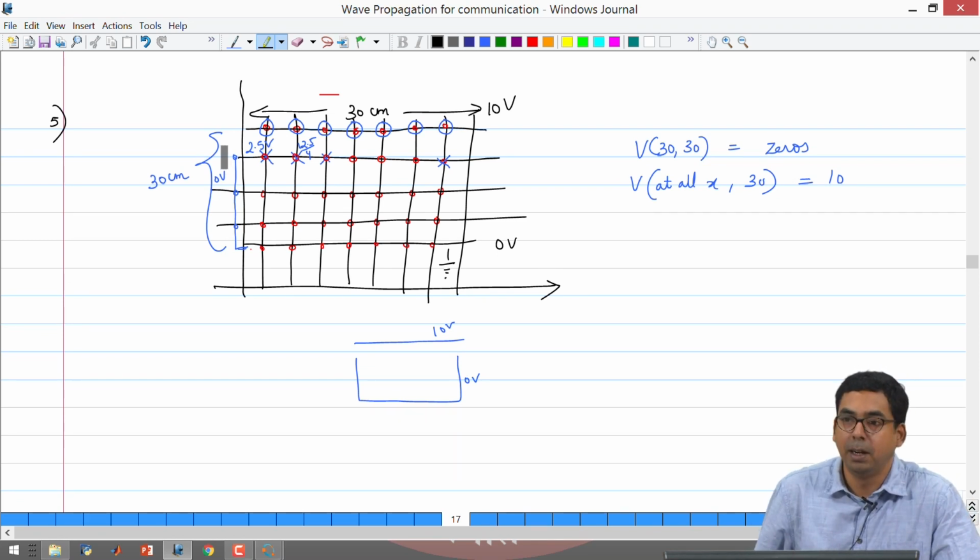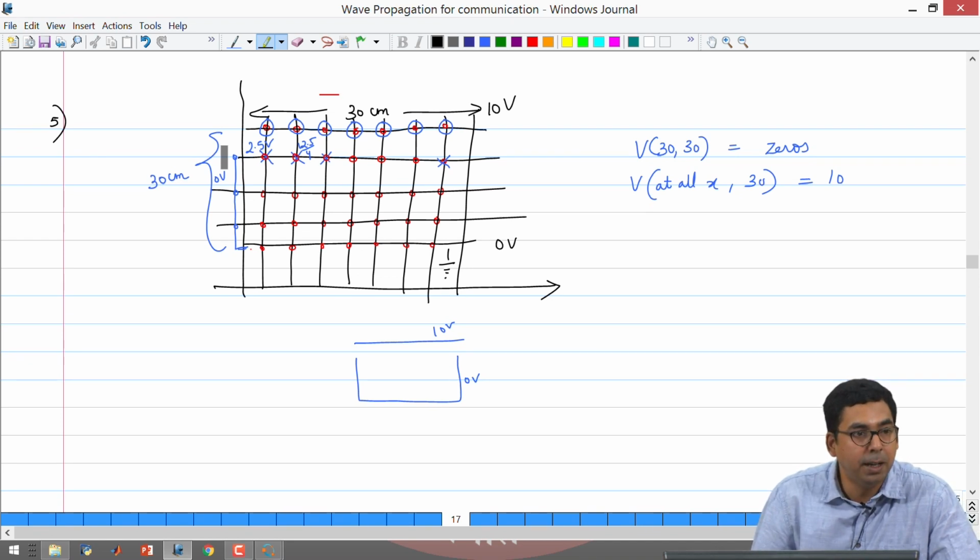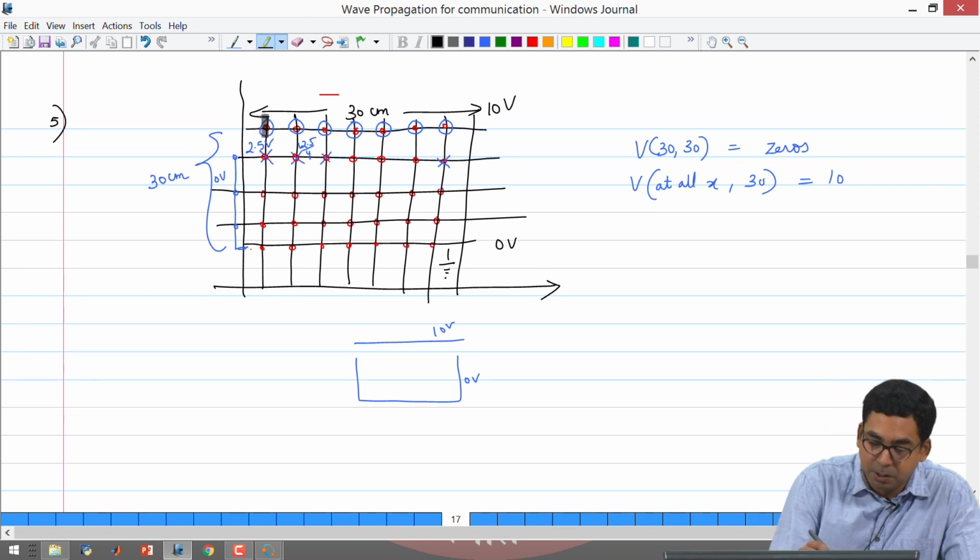It is a special boundary condition that we are using here, that the boundary is going to be having the unknown value equal to 0. So, it became 10 plus 0 plus 0 plus 0 divided by 4. So, we marked 2.5 volts at this point. Then we went to the second point, where we needed to estimate the voltage.